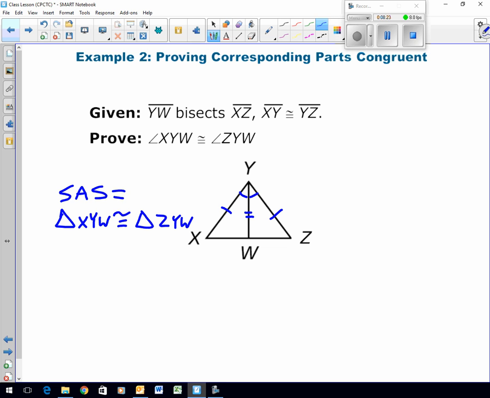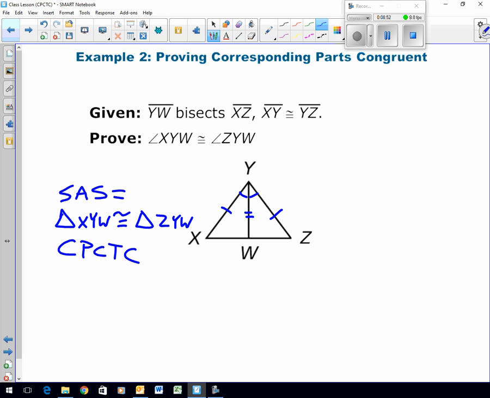So really, truthfully, we don't even need a triangle proof to do all that, but let's just pretend I wanted to get angle X and angle Z congruent. Now that I've proven the two triangles are congruent, I use CPCTC. You can write it in abbreviated form. CPCTC proves that corresponding parts of the congruent triangles are congruent.